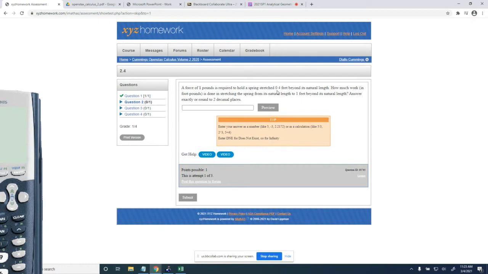So our distance is 0.4. So S is equal to 0.4.